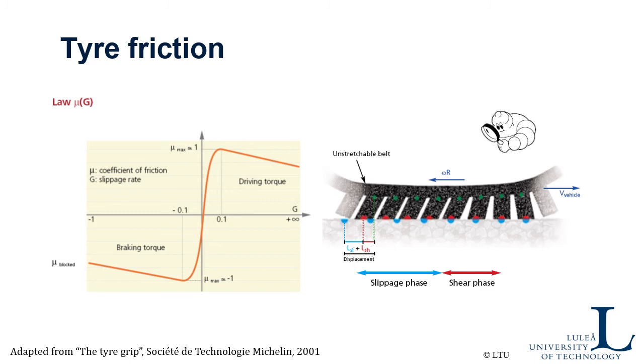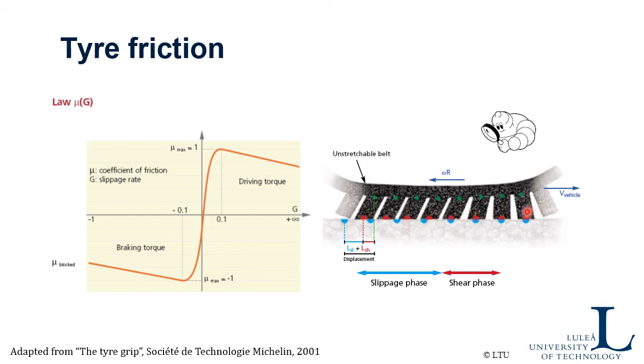So here you can see that the vehicle is moving in this direction, so that means that the tire, the first encounter of the thread block is here, and then we follow the same thread block through the contact here.